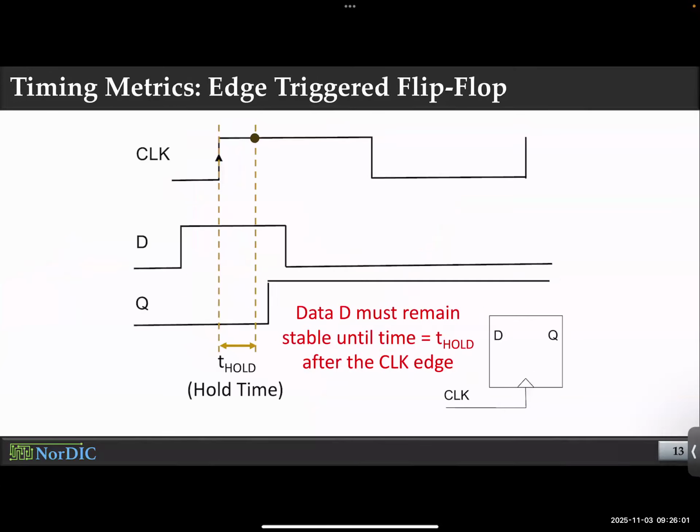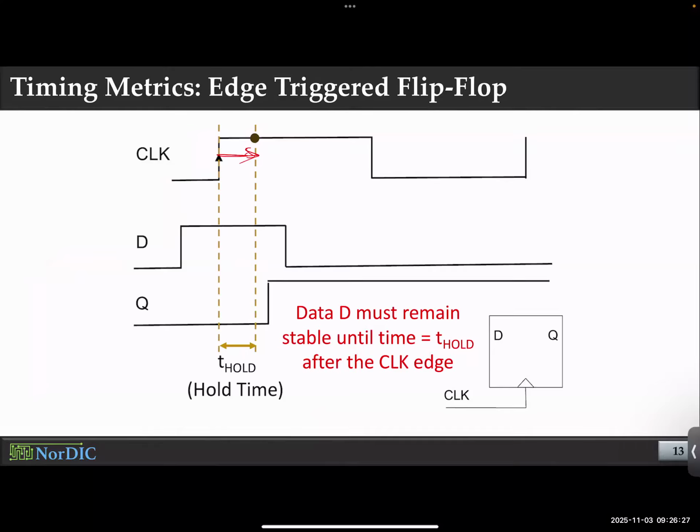Okay. Now, third, after setup time and clock to Q, the third concept is hold time. Similar to the setup time, the flip-flop needs a certain amount of time of rest before the clock edge appears. It also needs stability after a certain amount of time from the clock edge. After the clock edge appears, it does not want to take any input changes.